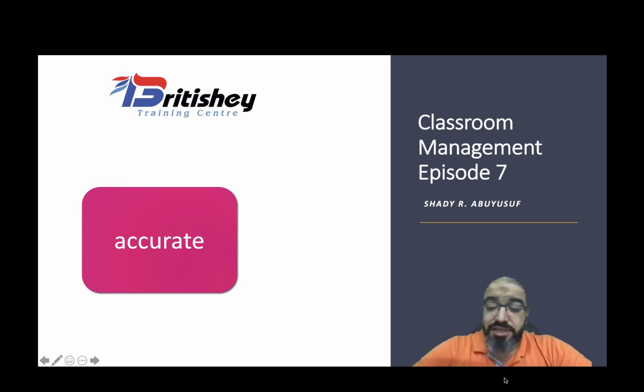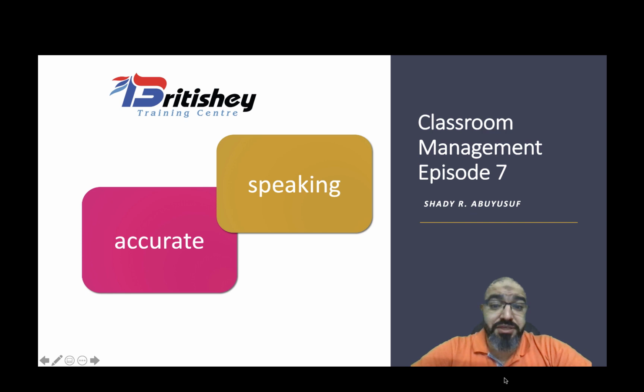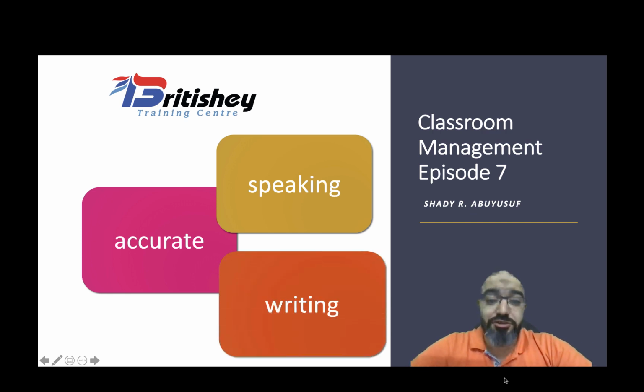And that's why we say that the teacher's language in the classroom must be accurate in terms of speaking and, of course, writing. So when you speak, you've got to use accurate English language. And I mean by this, your pronunciation needs to be accurate, and also your language structures need to be accurate as well when you're speaking to your students.